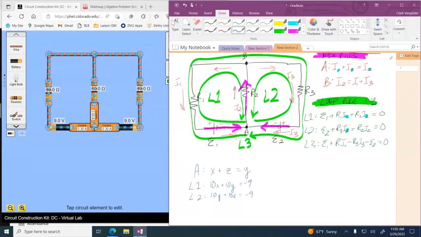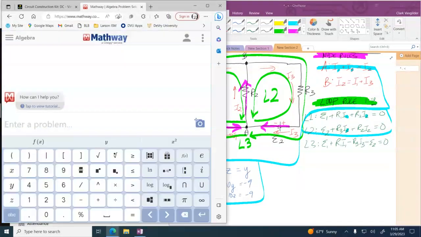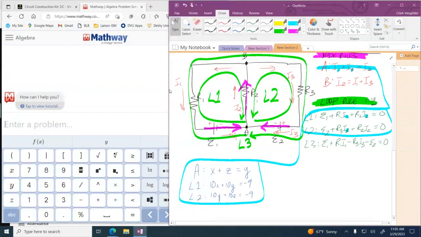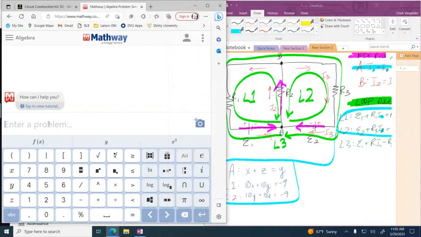So if we were to take this and this, we could have our classical algebra version of that, and we could come over to Mathway, or some similar tool, whatever floats your boat. And we could type these in.